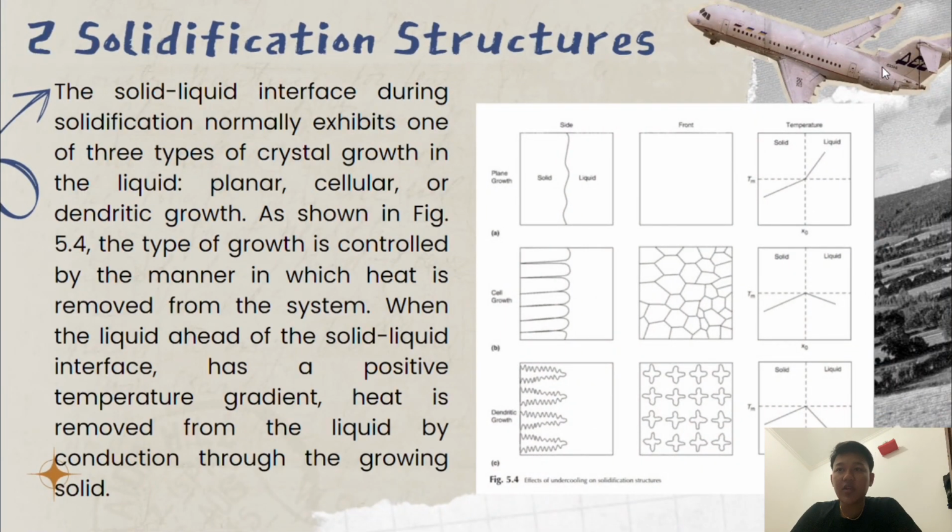2. Solidification structures. The solid-liquid interface during solidification normally exhibits one of three types of crystal growth in the liquid: planar, cellular, or dendritic growth. The type of growth is controlled by the manner in which heat is removed from the system.